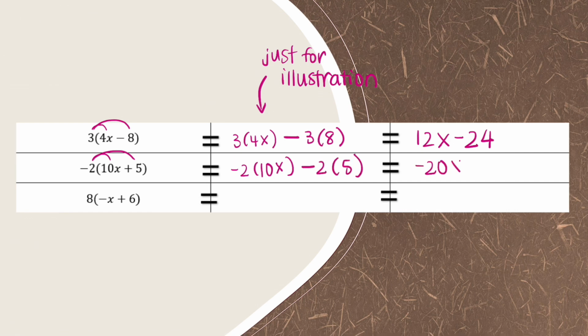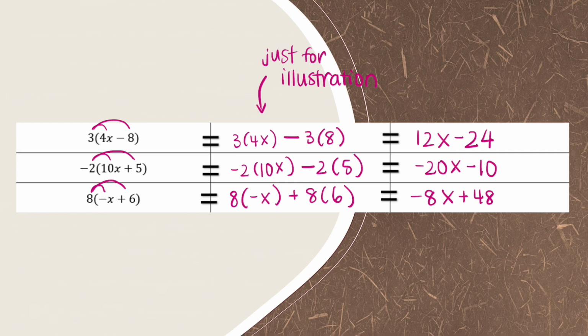This would be negative 20x minus 10. And this last one, if there's no number, we assume that there's a 1 there. And in this case, it's negative 1 because there's a negative in front of the x. So I would have 8 times negative x, and then 8 times 6 because both of these are positive. And that would become negative 8x plus 48.